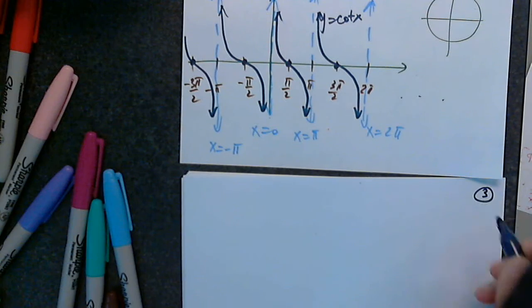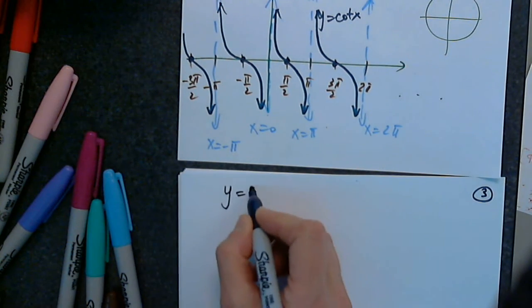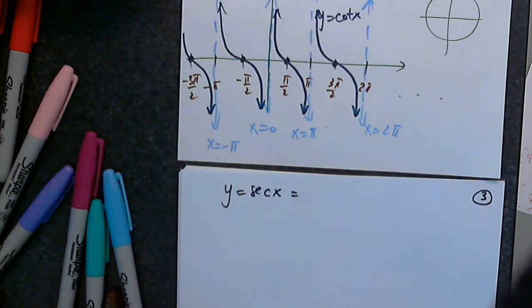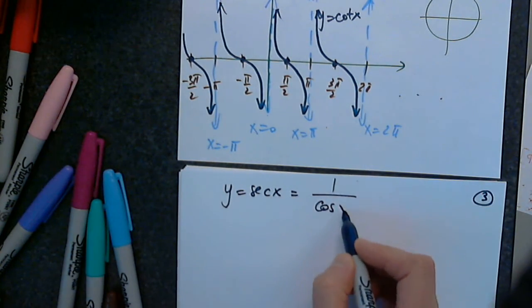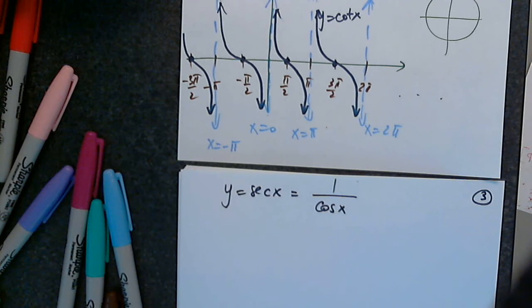Number 3, secant. By definition, secant is 1 over cosine. So therefore, it has a problem. What is the problem?